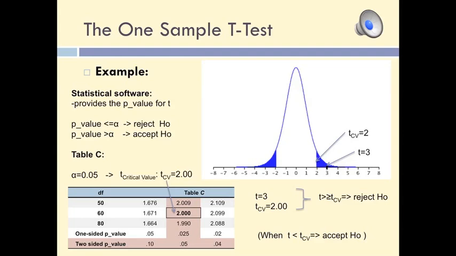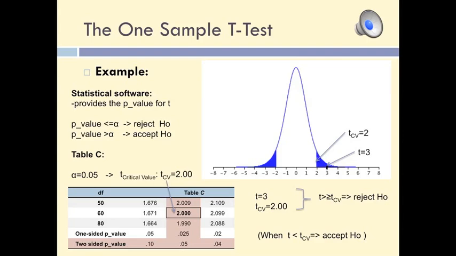Because table C does not provide p-values, it gives the value of the t statistic at different probability levels and for different degrees of freedom. Therefore, after we computed the test statistic t for our test, we must find the t-score that corresponds to our alpha level, which is called the critical value of t.